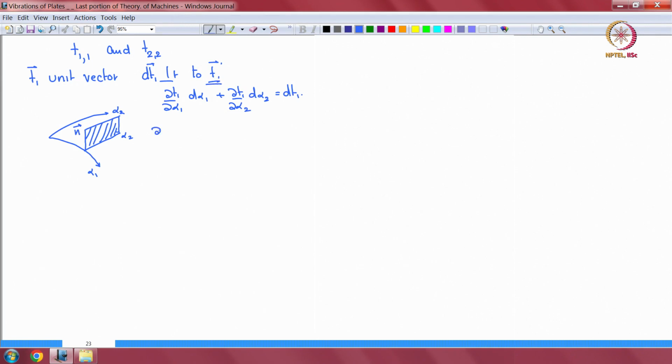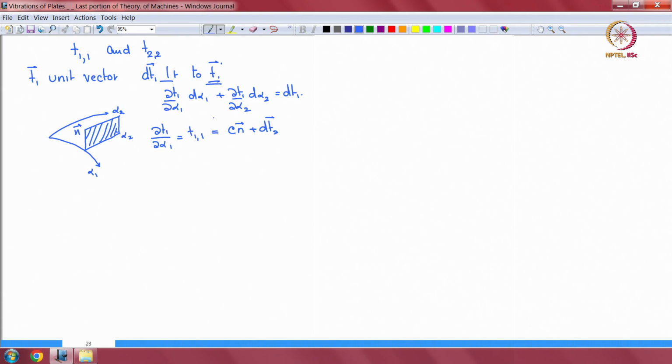So, del T1 by del alpha 1, which is T1,1, is equal to C n plus D T2.